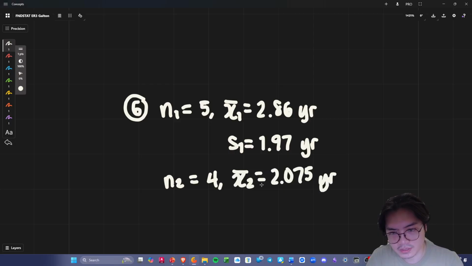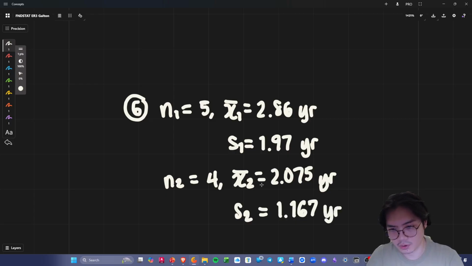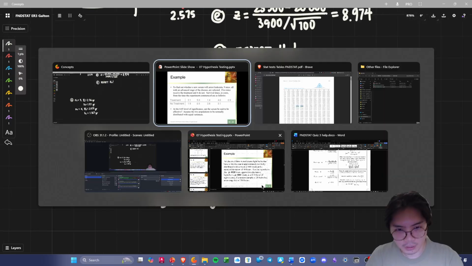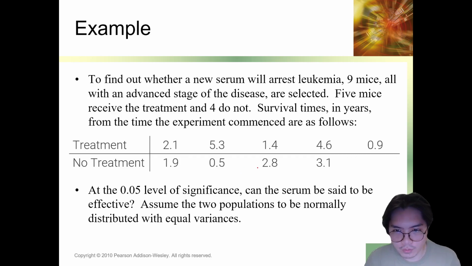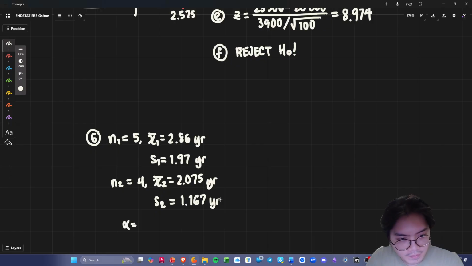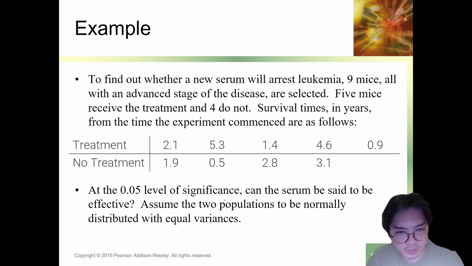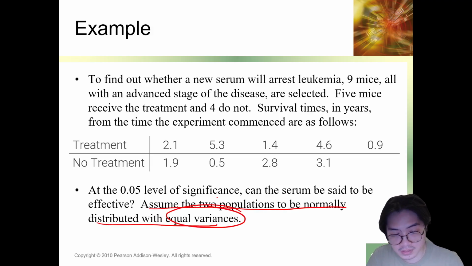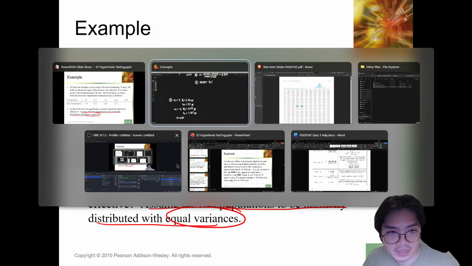See, our standard deviation is 1.7. Now, we have more info on the bottom, of course. The level of significance is 0.05, and the two populations are normally distributed with equal variances. That is the big key phrase here.